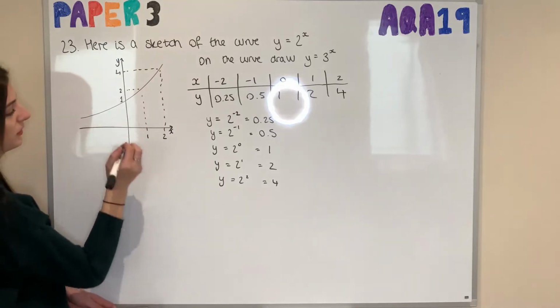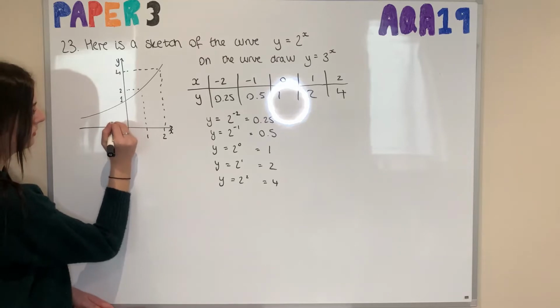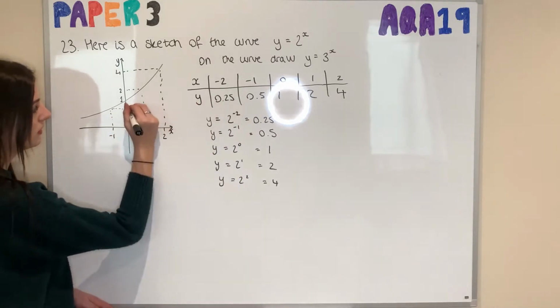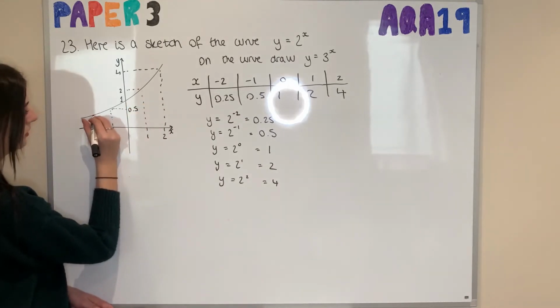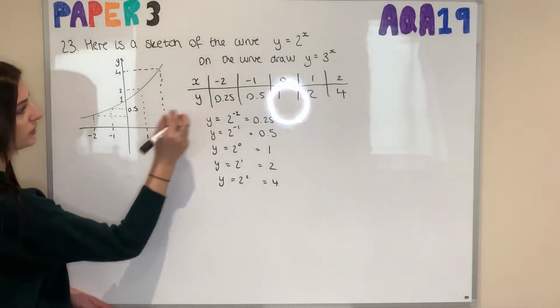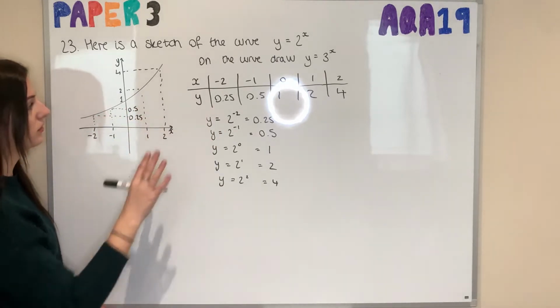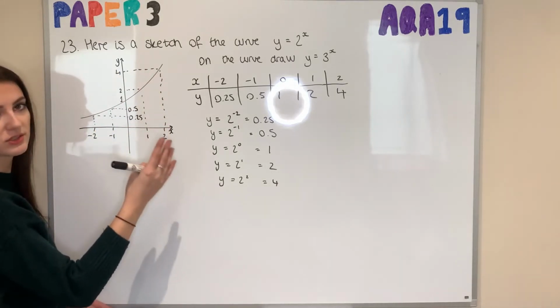And then the same with below. So when we have -1, we know that this value will be 0.5. For -2, we know that this value will be 0.25. Obviously this is a very rough sketch, so don't take this as very accurate, it's just an estimate.